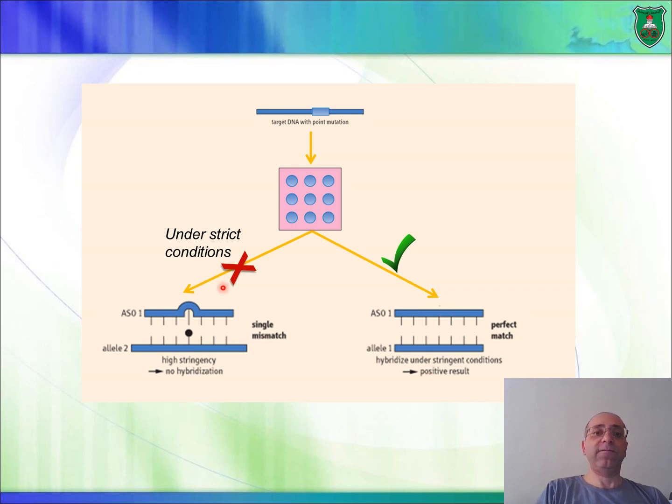Now, if the probe is not 100% complementary, and we use strict conditions, that is, we increase the temperature, we add denaturing molecules like formamide or urea, for example, we reduce the ionic strength of the solution, or we reduce the GC content of the probe, then under strict conditions, annealing may not take place.